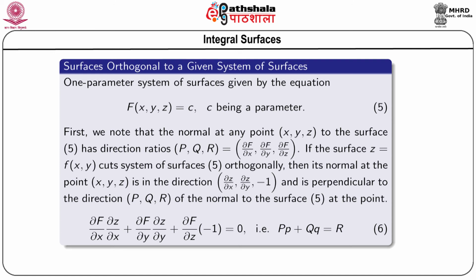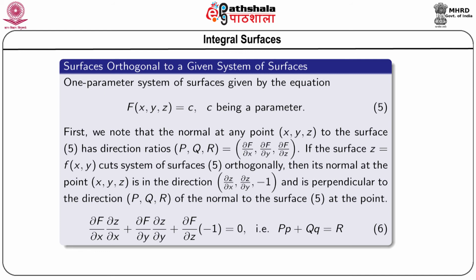Now, the surface z equals f(x, y) is a surface such that it cuts the system of surfaces 5 orthogonally, then the normal to this surface, which is proportional to del z del x, del z del y, minus 1, must be perpendicular to del f del x, del f del y, del f del z.